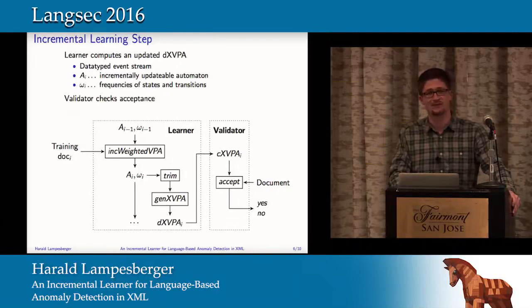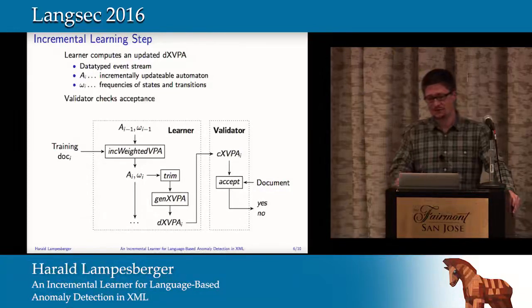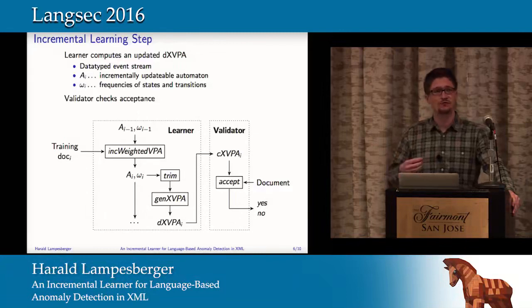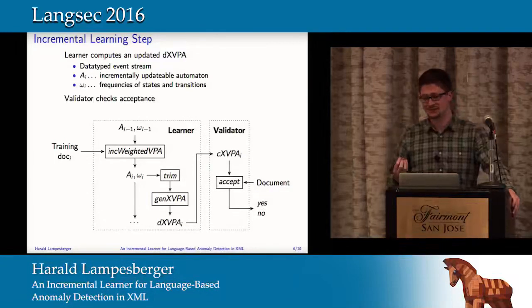So they are like weights for the edges and the states. The inc-weighted algorithm updates these internal representations. Trim removes the zero-weighted states and transitions. GAN XVPA generates the modules and does some minimization. And then an incremental learning step is done.